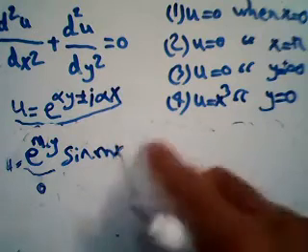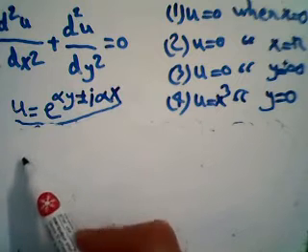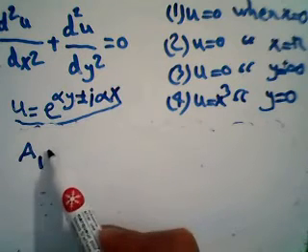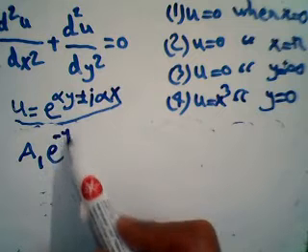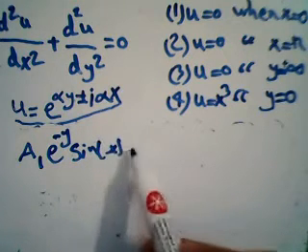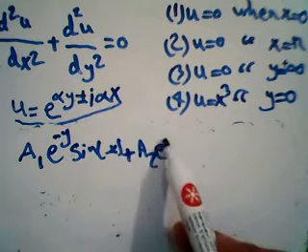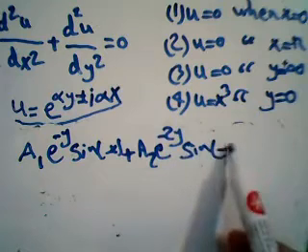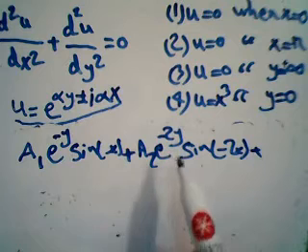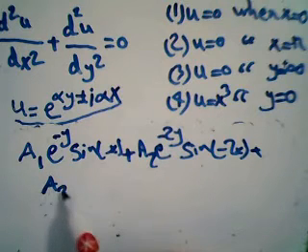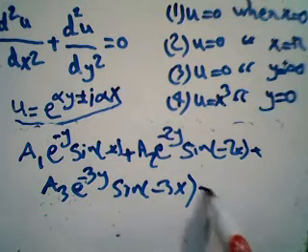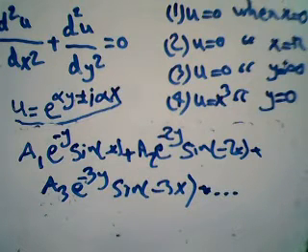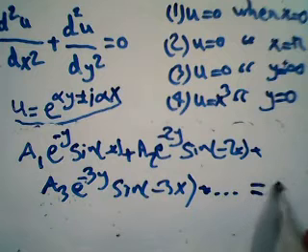And this is the linear combination. Let's write it like this: a1 e to the minus y, sine minus x, plus a2 e to the minus 2y, sine minus 2x, where n is minus 2, plus a3 times e to the minus 3y, sine minus 3x, plus an infinite number of such solutions.